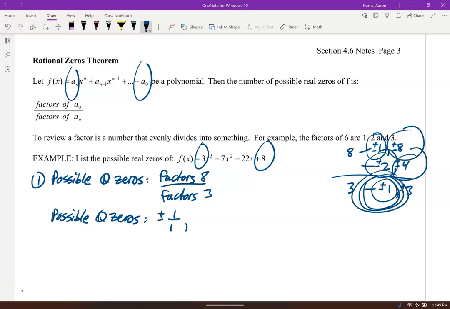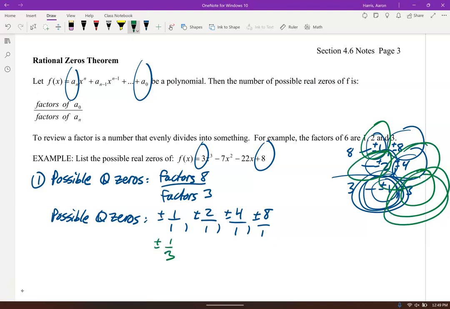And now I'm going to do each of those factors of 8 over the 3 this time. So plus minus 1 over the 3, then the 2 over the 3, then the 4 over the 3, and then the 8 over the 3.